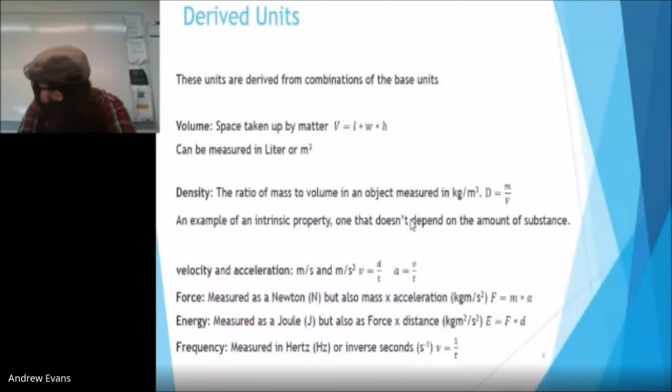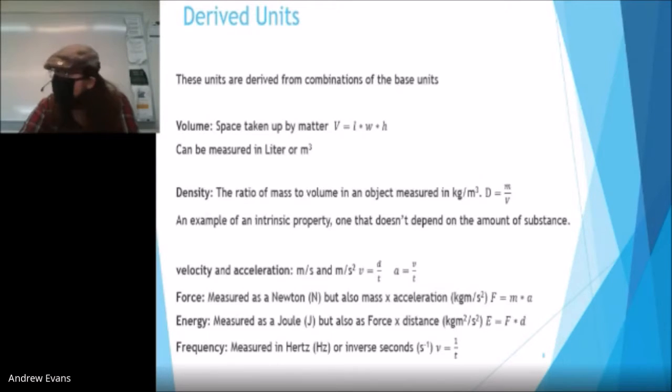Okay. One of the things we'll be using these for is what's called a derived unit. A derived unit is basically a unit that is a combination of one or two international SI units. The most common one we'll be using is volume.